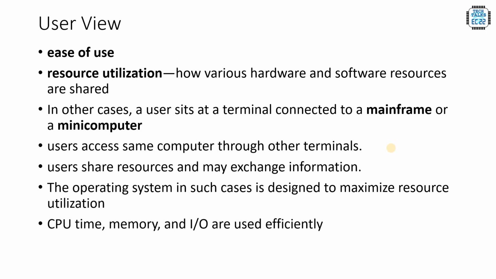The most important things that we consider as a user are the CPU time, memory, and input-output. So we always expect to use these things very efficiently. Whenever we go to purchase any electronic gadget nowadays, we always inquire about memory, and also what input and output devices can be connected to the gadget.